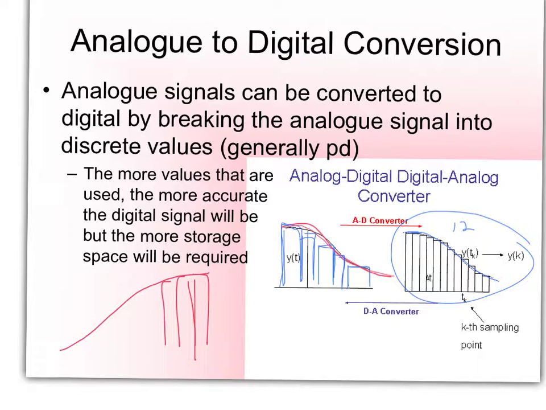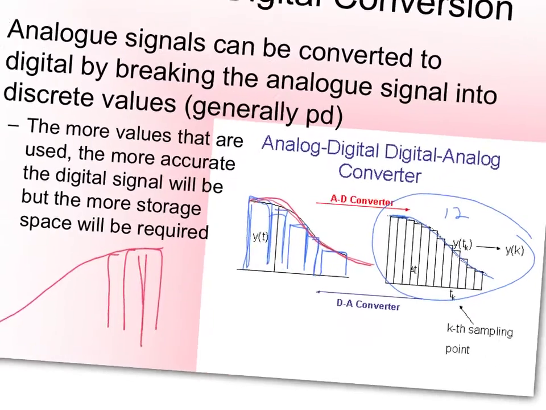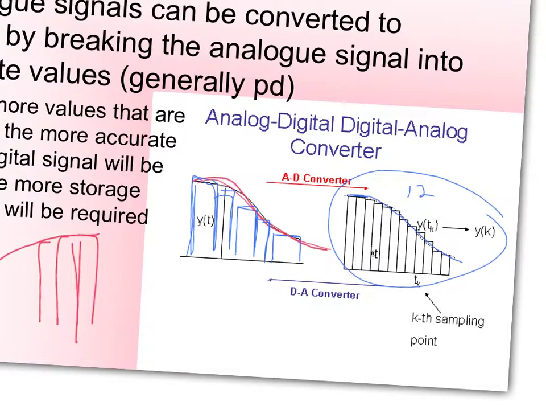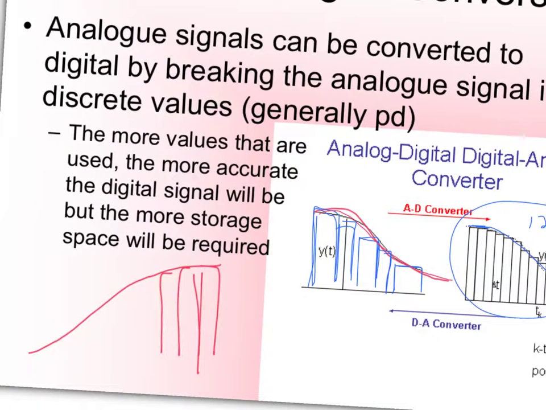Well, here, as you get smaller and smaller blocks, or you add more and more discrete values, you get closer and closer to the actual sound or image or whatever the data happens to be. But on the other side of that, the more values you have, the more storage space you're going to require, because the more data you're going to have. So it's a trade-off.